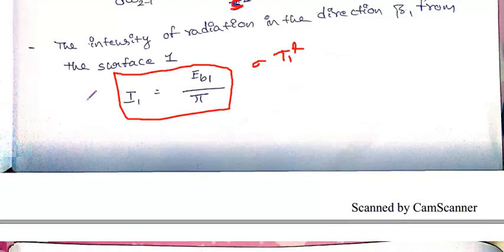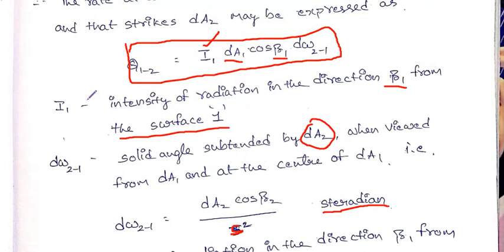So I1 equals Eb1 by pi. This is the intensity of radiation. The intensity of radiation expression we know, and the expression for solid angle is also known.